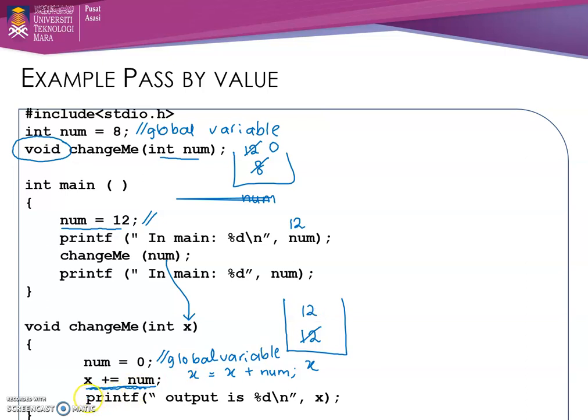You have to execute the next statement, which outputs 12, the current value of x. So go back to your main function. In your main function, the current value of num is 0. Why 0? Because you have replaced the value of the global variable in your function body.